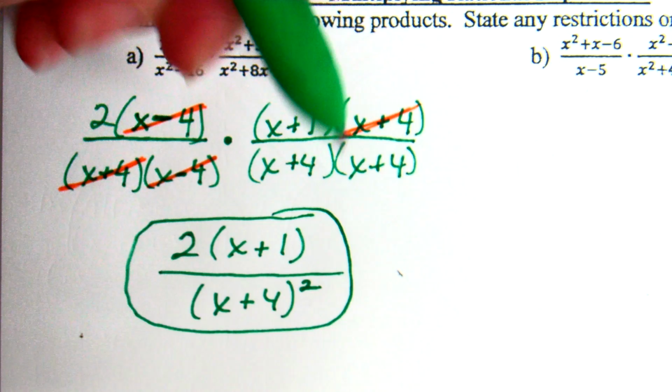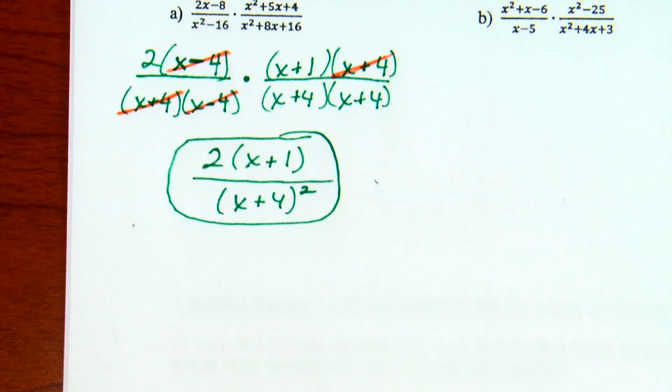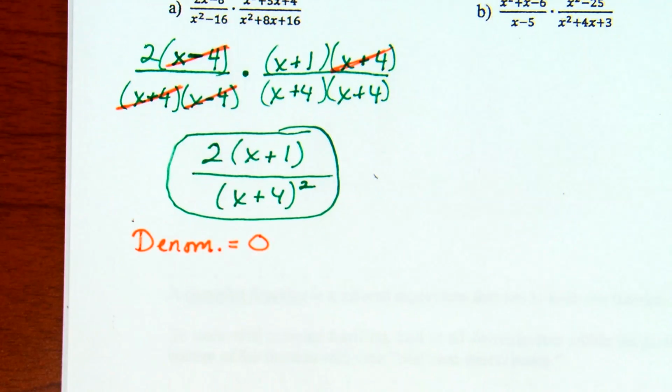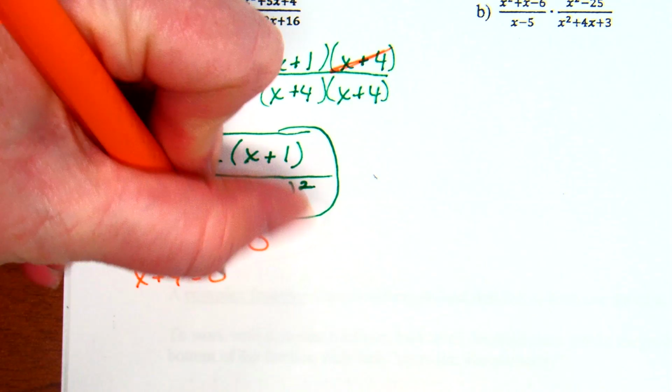Okay. Notice, and I don't remember where all Math Excel asks this in homework, but notice there's one other piece we've got to do. State any restrictions on the variable. How do we get restrictions? Denominator equal to 0. Now, I would use the factored form. Notice, what pieces did we have here? We had an x plus 4. We had an x minus 4.